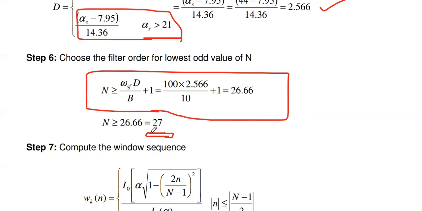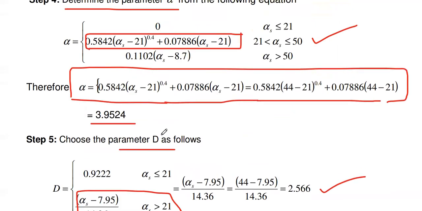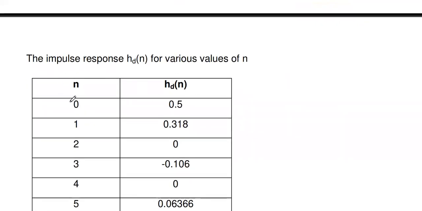Once n is calculated, you just find the h d of n value for various n. This Kaiser window, like all windowing sequences, obeys the symmetry property about the 0 axis: the windowing sequence should have the same value, that is w of 1 and w of minus 1 are equal.